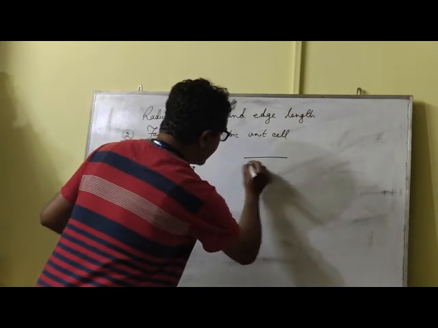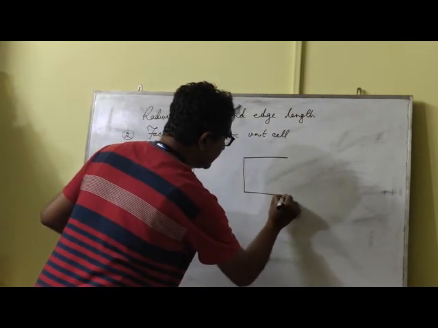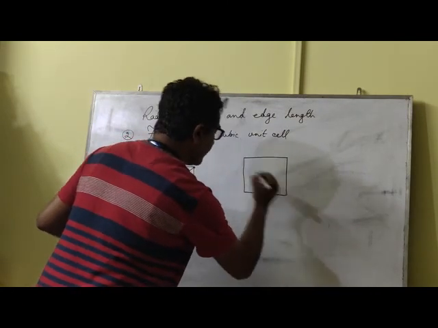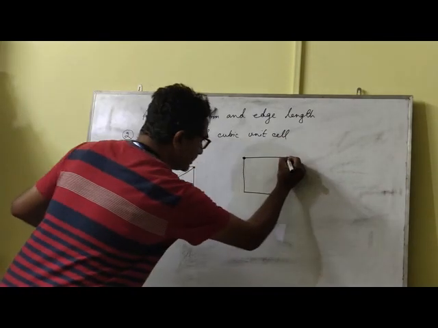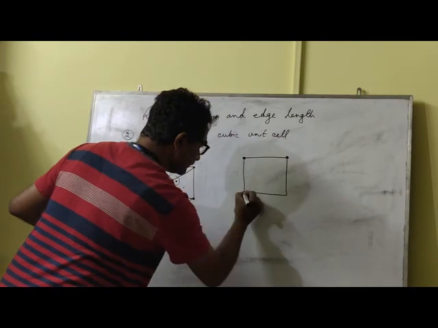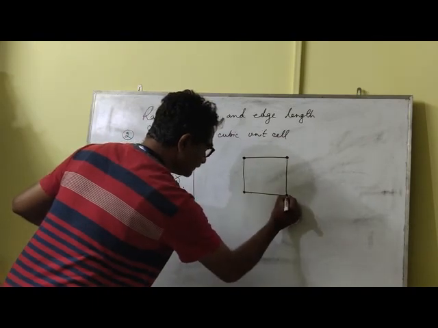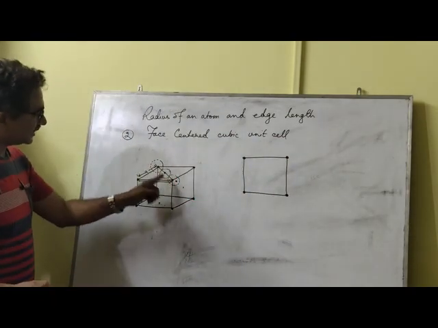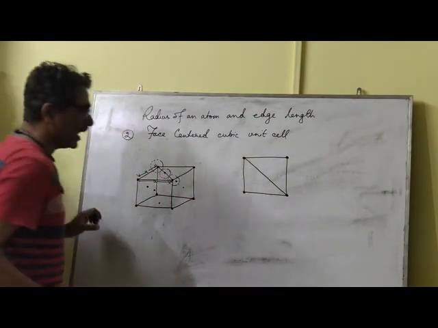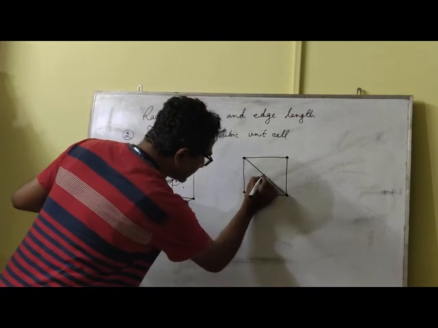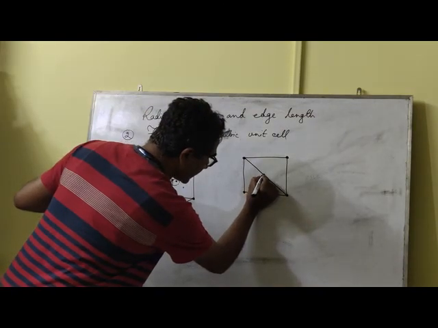So here we have a square, and here are the 4 atoms at the 4 corners. And here is the diagonal. And at the bisection of the diagonal, we have the atom which is at the center.